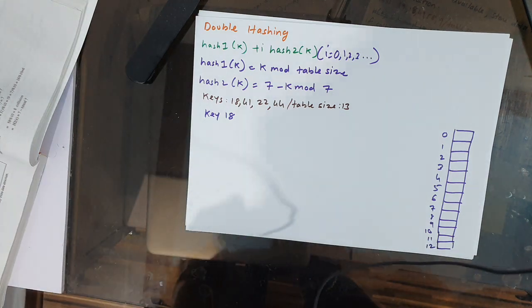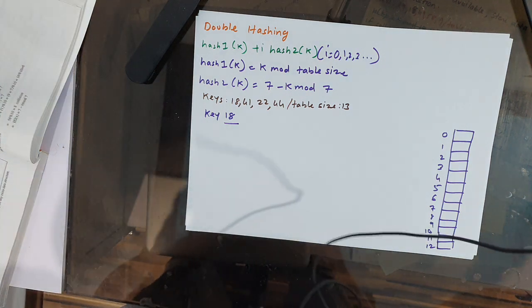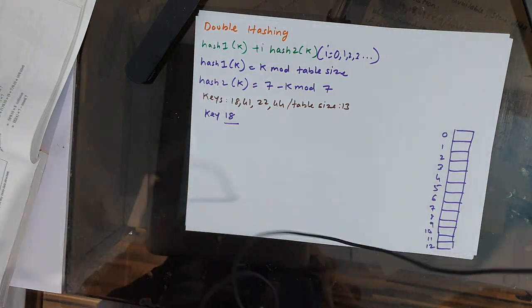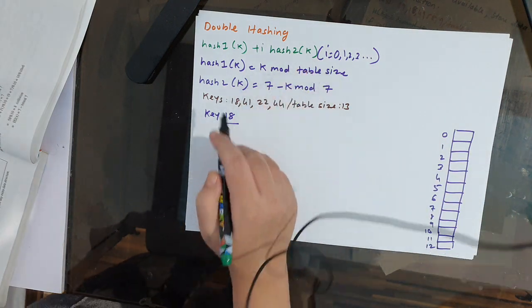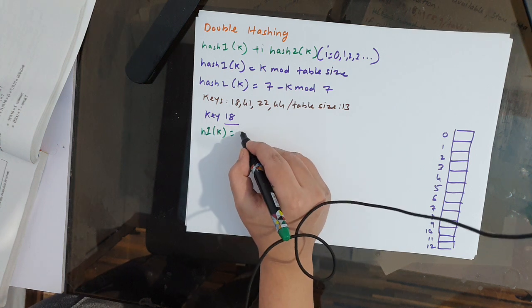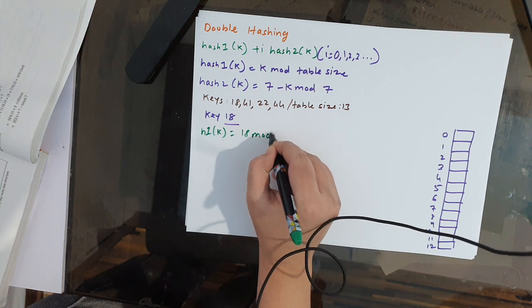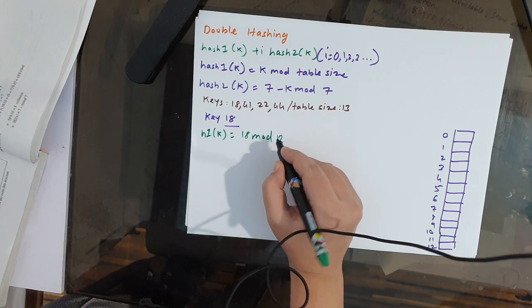We have the array of size 13 and our first key is 18. So let's begin. The first hash function, the normal hash function, is nothing but 18 mod the size of the table, which in this case is 13.